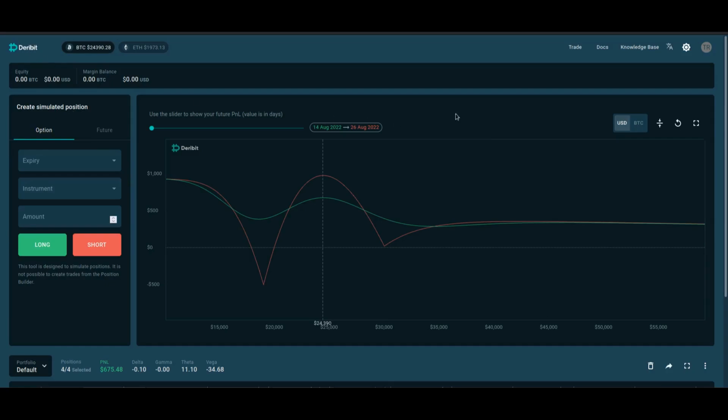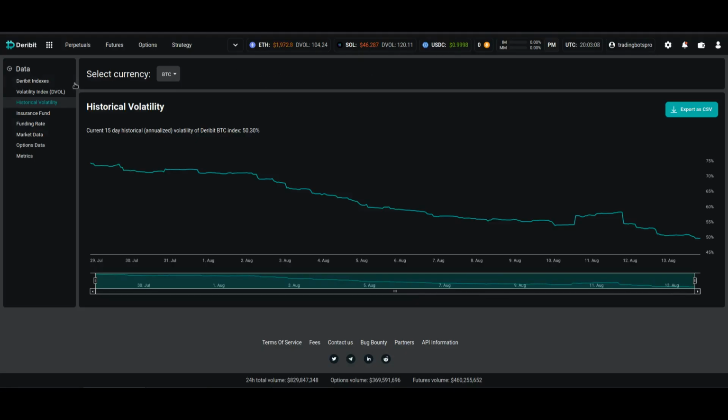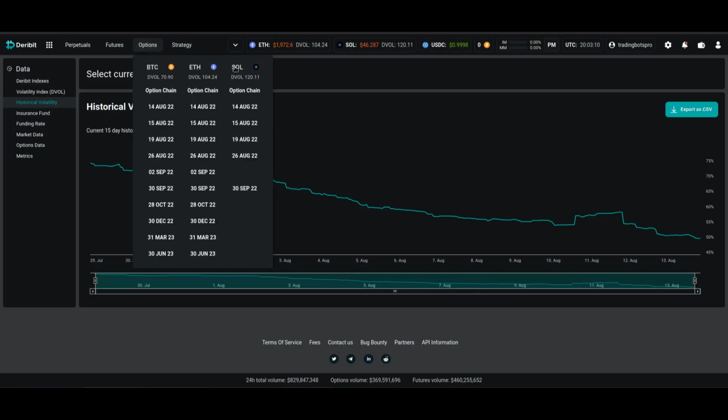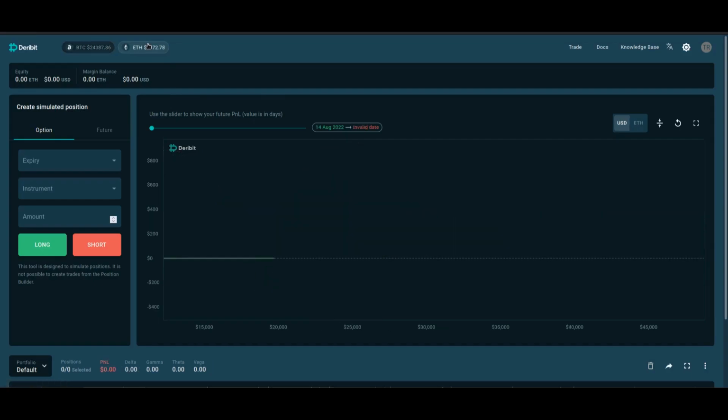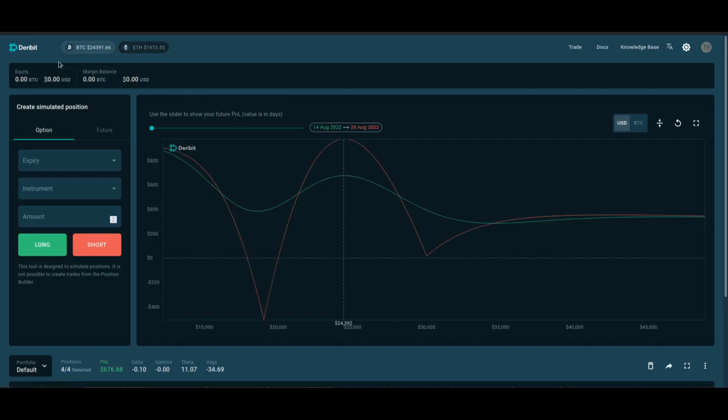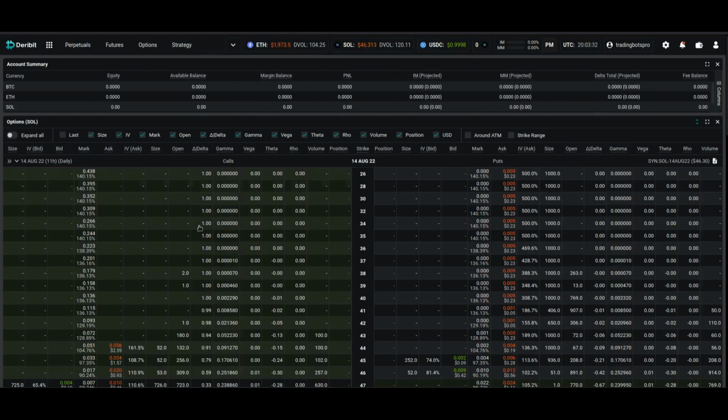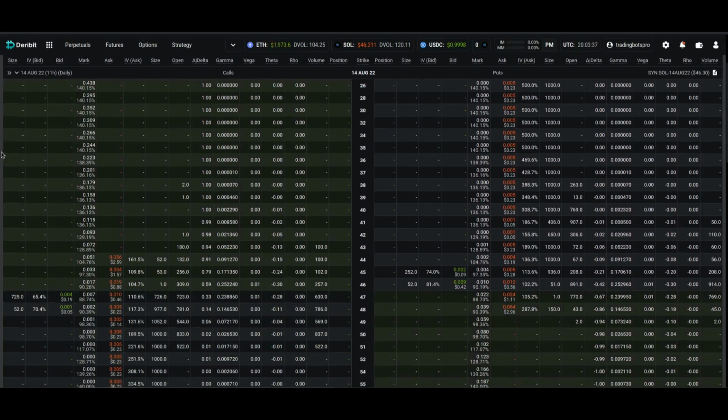Actually Deribit also provides Solana options, and probably I will try it first, but I am confused that we have no position builders for Solana. It's weird, but I found some Python libraries to build a position and plot it.